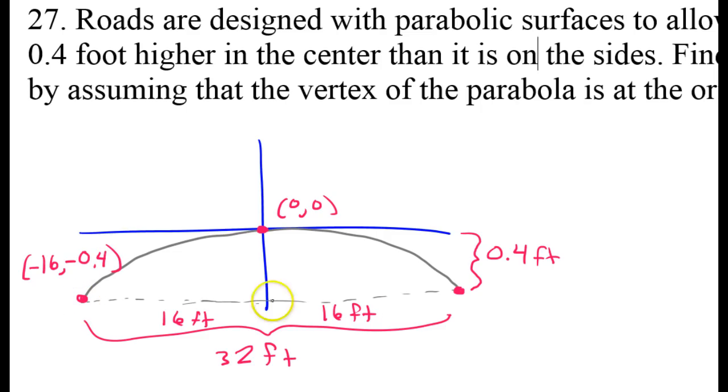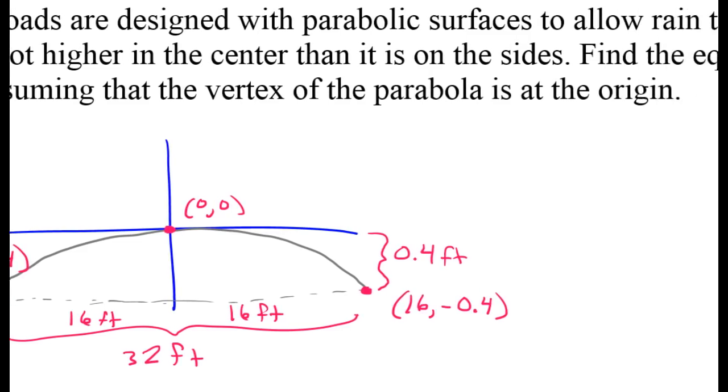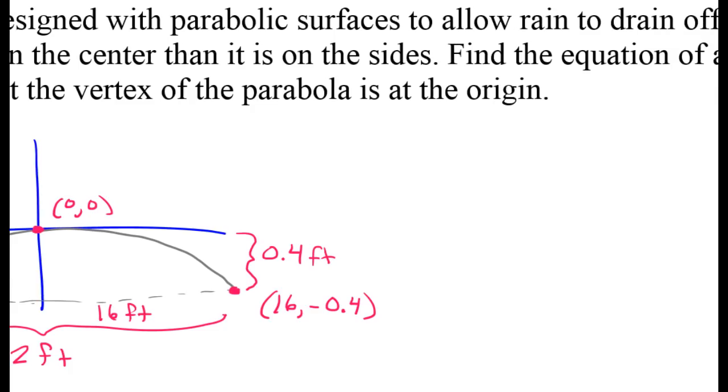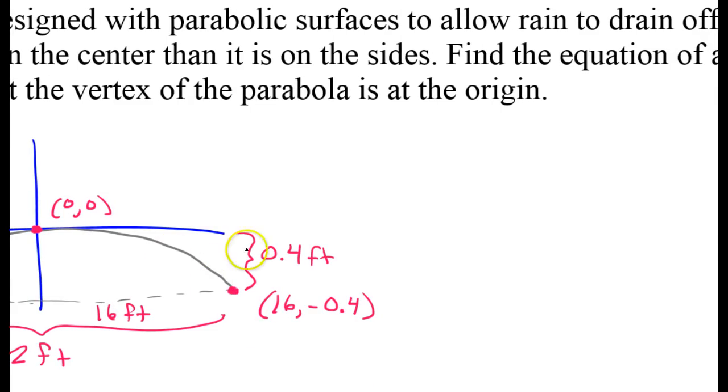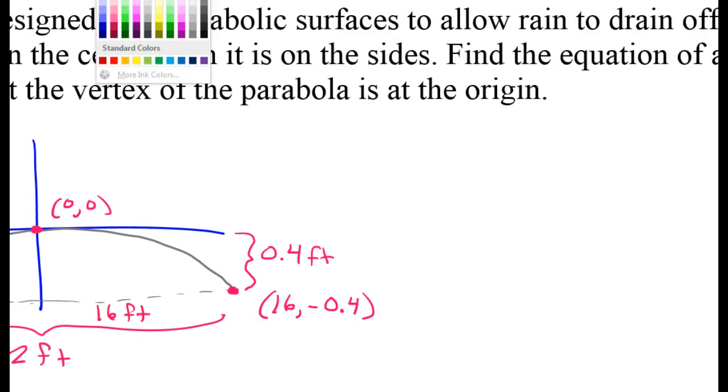So those are the coordinates of this point. Similarly, the coordinates of this point are positive 16, comma, negative 0.4. So we can use however many of those we need to find the equation of the parabola.